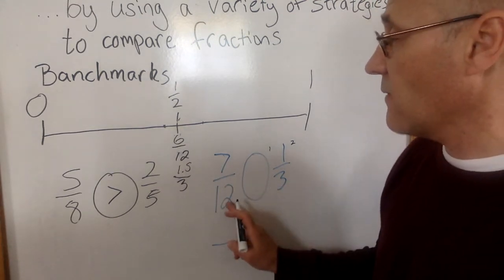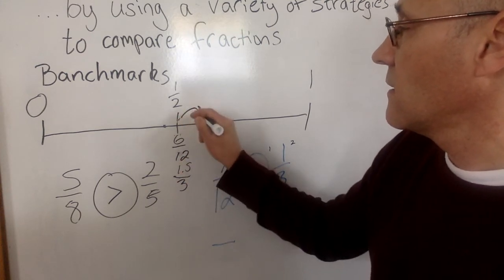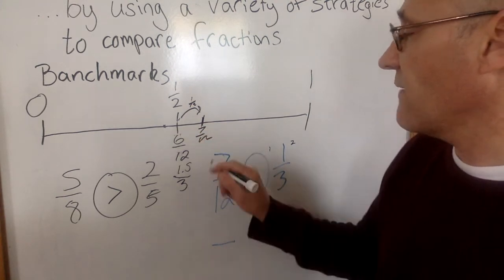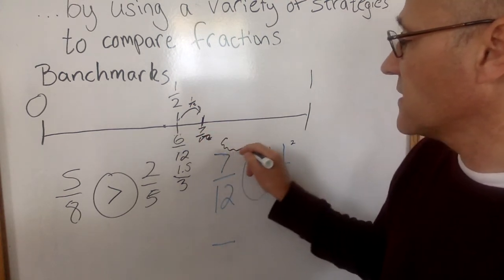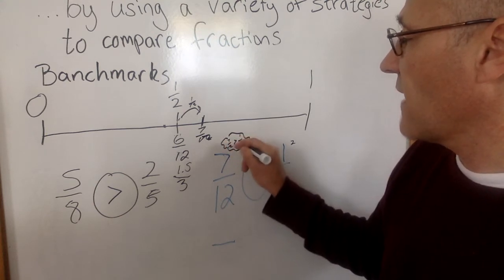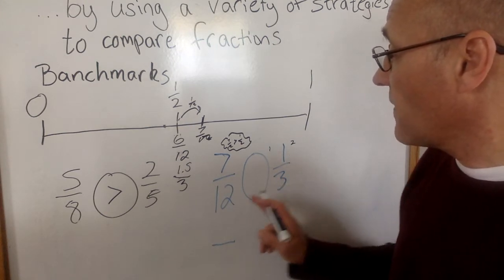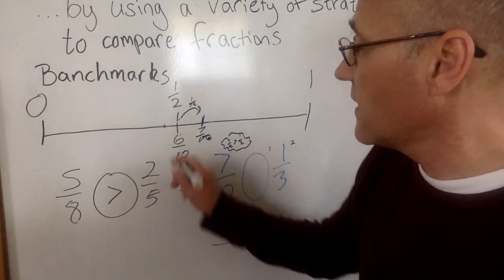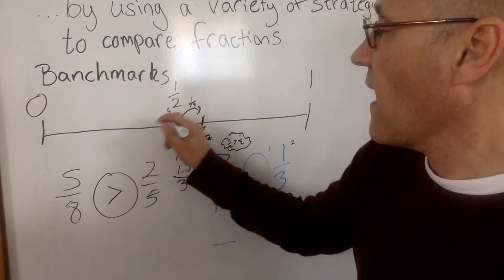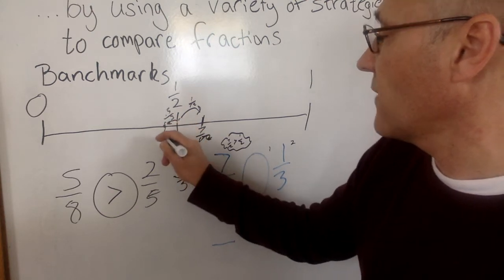So 7/12 would be somewhere up here, 1/12 greater than a half. So in my head, I'm just thinking 7/12 is greater than 1/2. And 1/3 is a half of a third less than a half, or here.